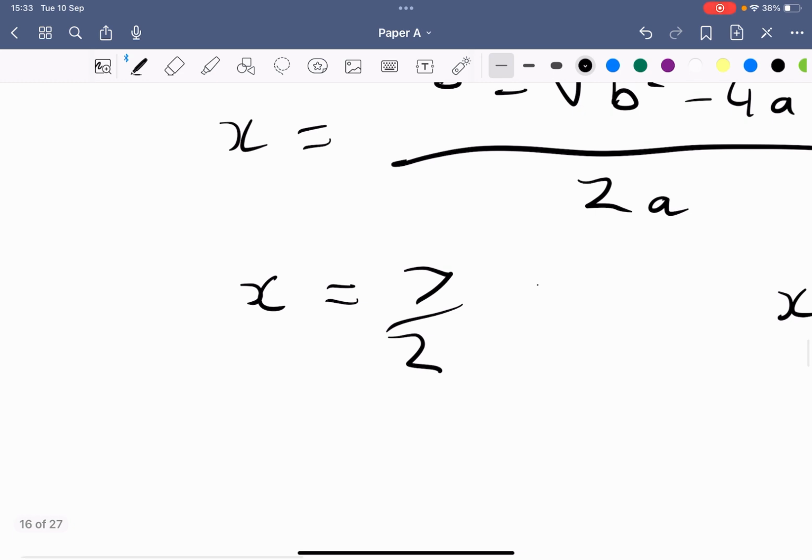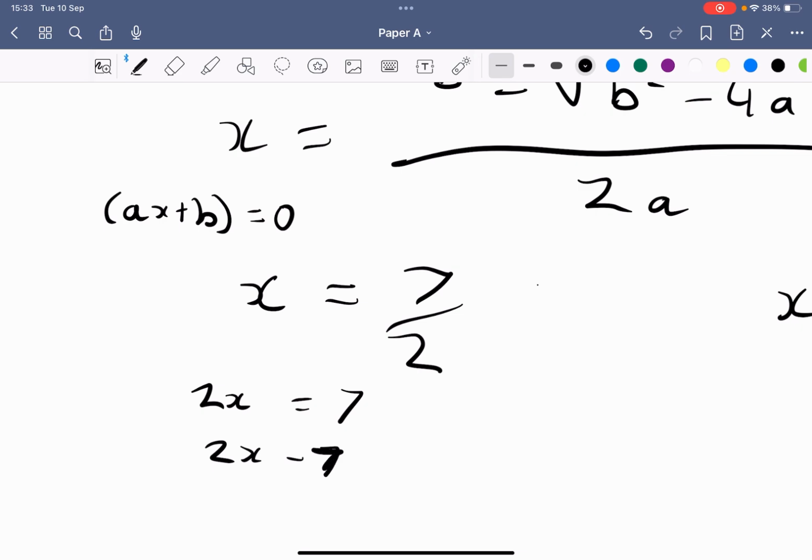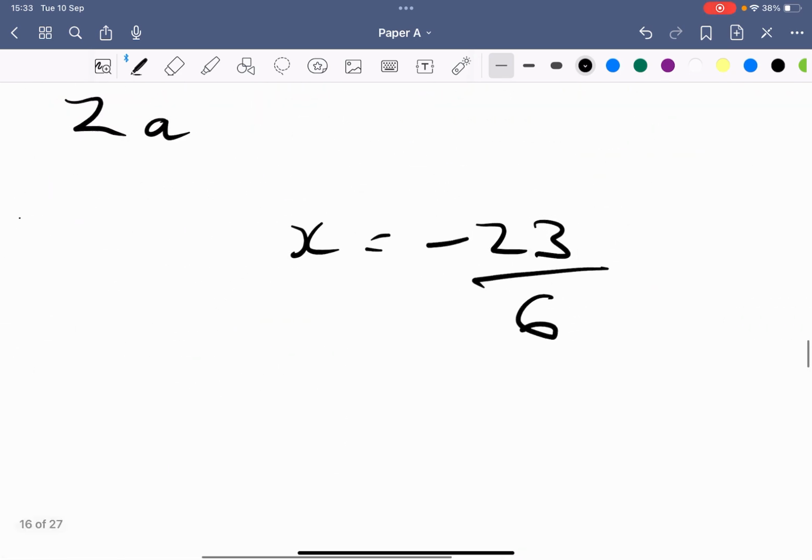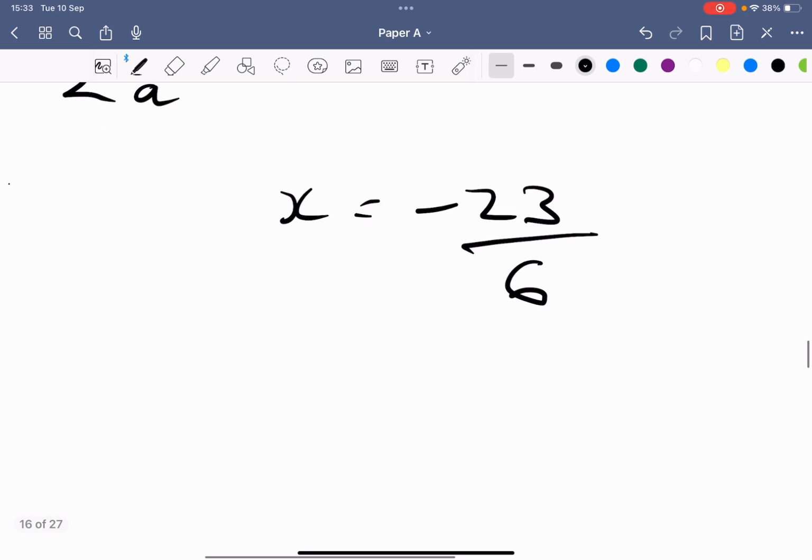So here, if I want to write it in terms of ax plus b equals 0, I can just times by 2 and I get 2x equals 7, and I'm going to take away 7 to get 2x minus 7, and this equals 0. And in here, if I want to do the same, I can do 6x equals minus 23, 6x plus 23 equals 0.